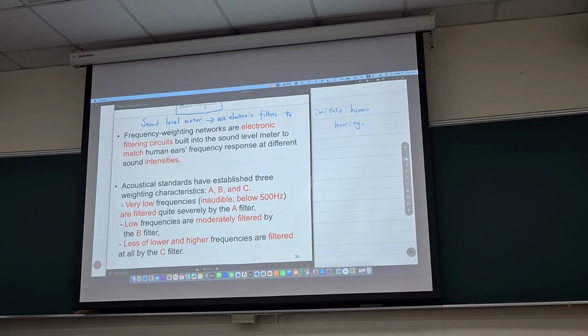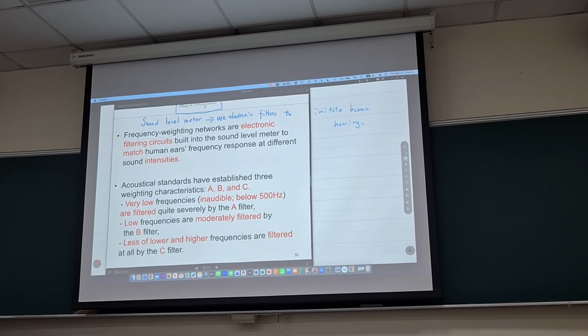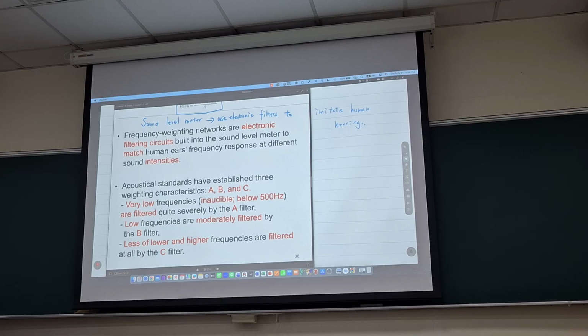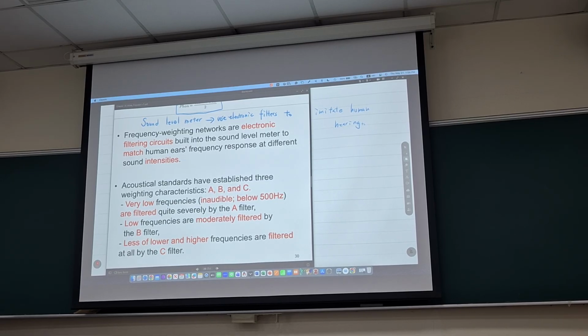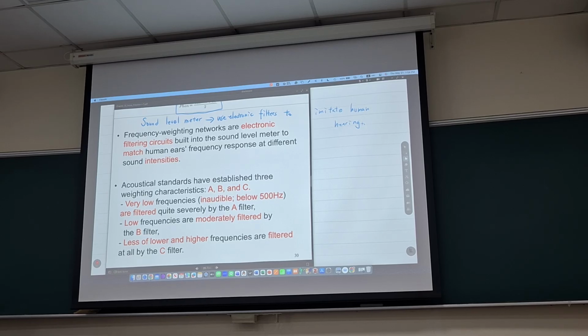Sound level meter uses electronic filters to imitate 模仿 human hearing.